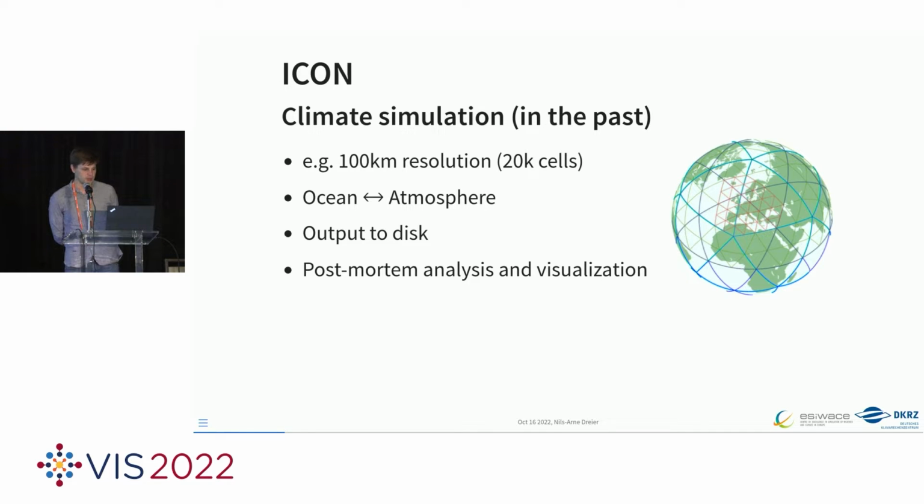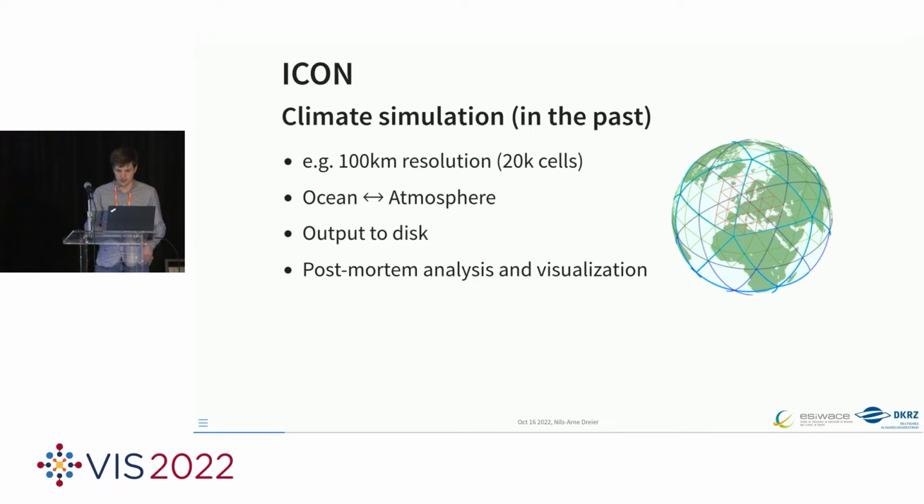And one special feature of the climate simulations is that they couple the ocean and the atmosphere. So we have two domains where we have different physics, but they are interacting with each other. And the usual workflow looks like this: you run the model, write the output to disk, and when the simulation is finished, you start to process and analyze your data.